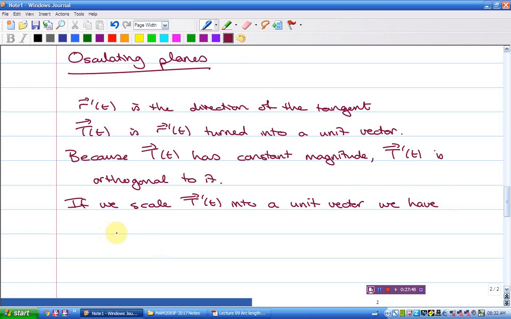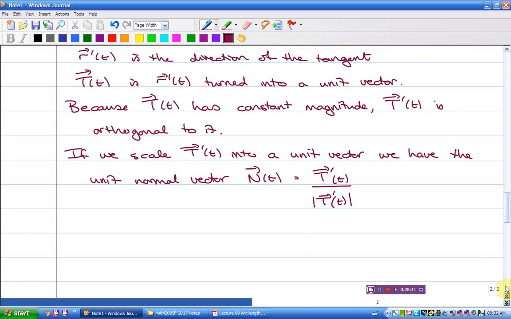We have something called the unit normal vector, which, just like we got the unit tangent vector, we take T dash and we divide it by its magnitude, turn it into a unit vector. And once again, I'm giving this to you so that you have complete notes, but you'll probably never see this word again in this course, but maybe you'll see it elsewhere.